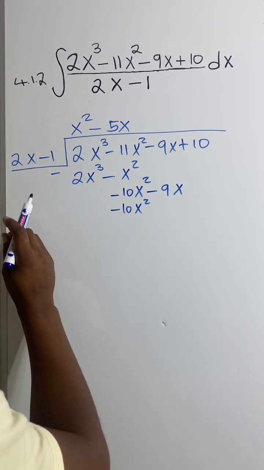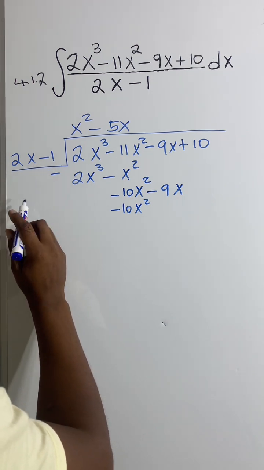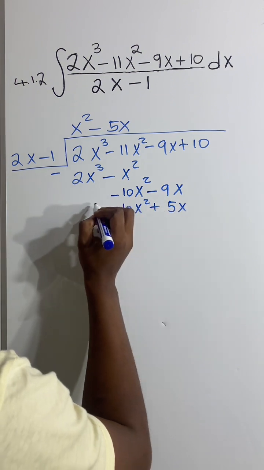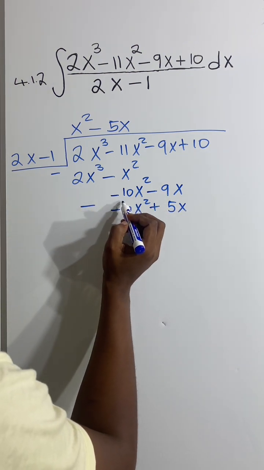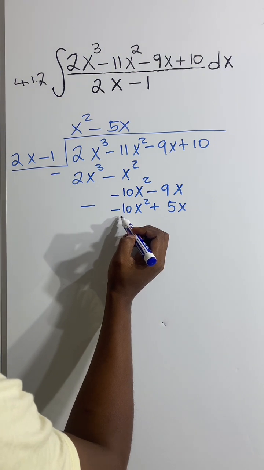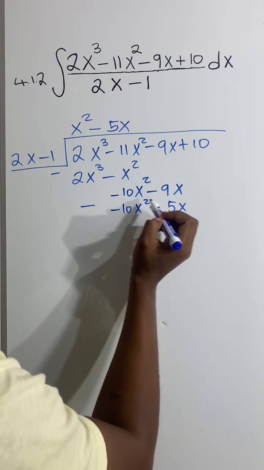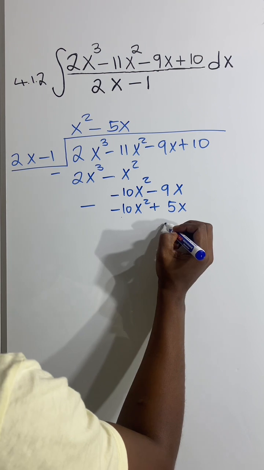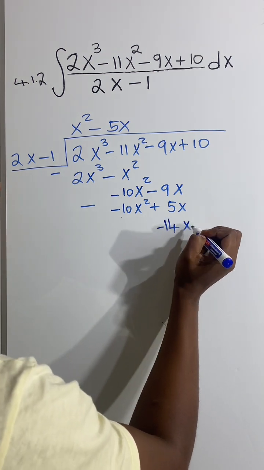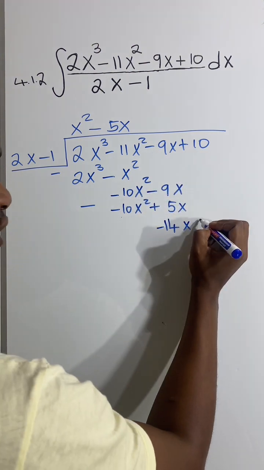Negative 5x multiplied by negative 1 is equal to positive 5x. Negative 10x squared minus negative 10x squared is equal to 0. Negative 9x minus positive 5x is equal to negative 14x. We take down that positive 10.